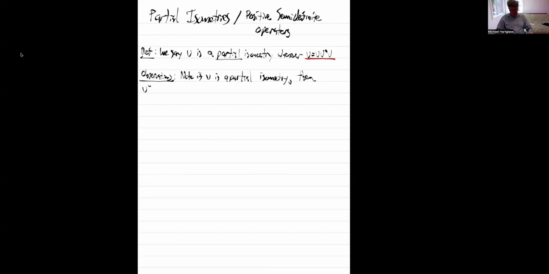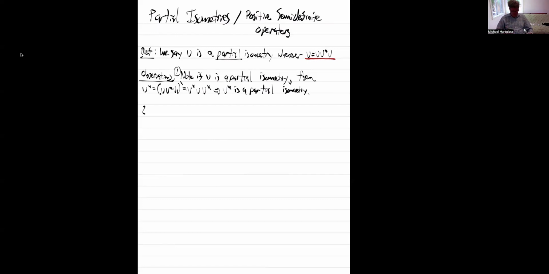V star is going to be the adjoint of V V star V. And if I follow my adjoint rules carefully enough, this will be V star V V star. So this instantly implies that V star is also a partial isometry. Okay, so that's the first thing to note: if I have a partial isometry, so is the adjoint.